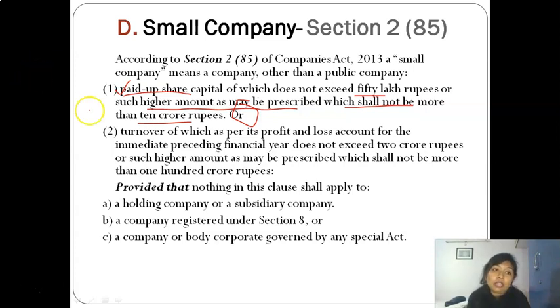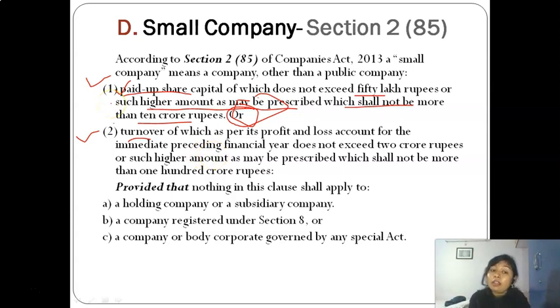Or, the second condition, here the word 'or' is mentioned, means either paid up capital or turnover, if any of it increases to the threshold limit which is written here, then such company will not be considered as a small company.